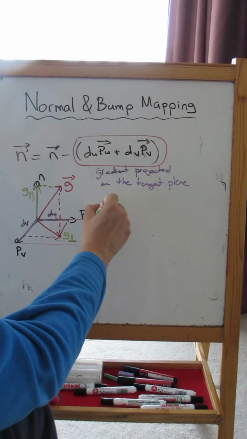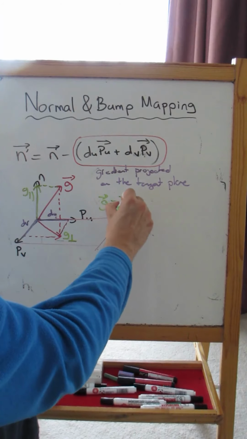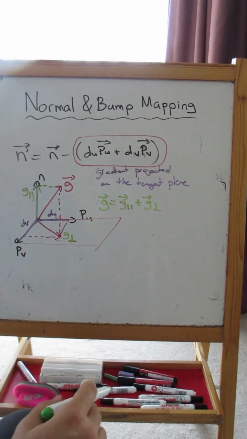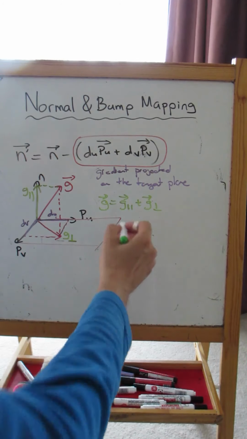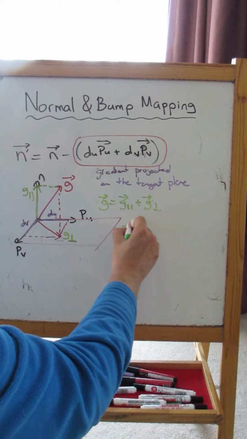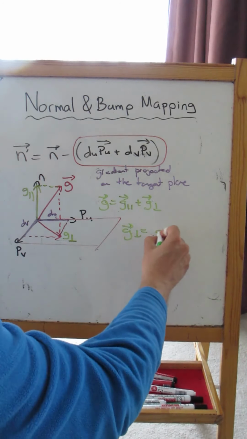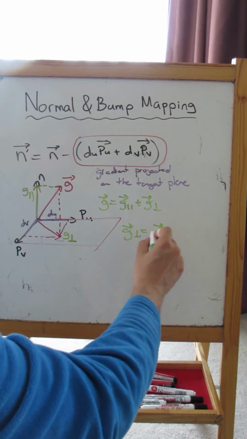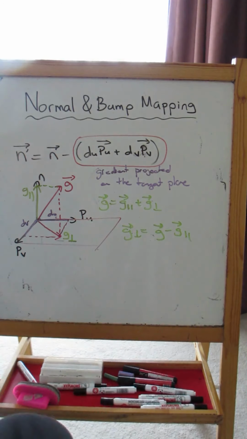Okay, so we can see that G is equal to G parallel plus G orthogonal. So how can we then find G parallel? Sorry, G orthogonal is equal to G minus G parallel.